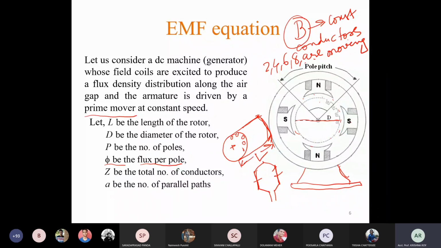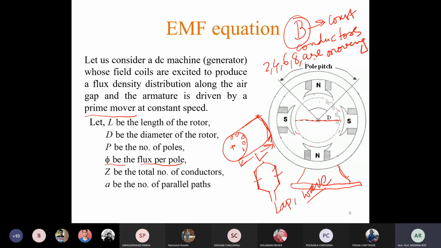So based on the application, we will require either a higher current carrying capability or a higher voltage across the brush terminals. Based on that, there are different types of windings. One is called lap winding, another is called wave winding.